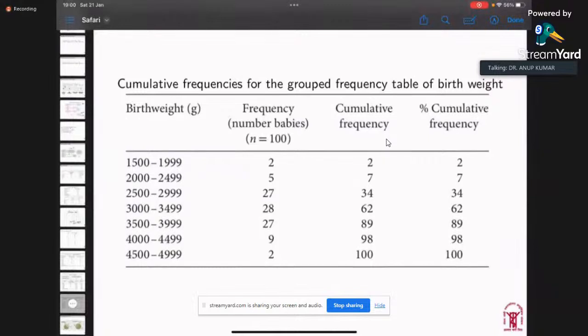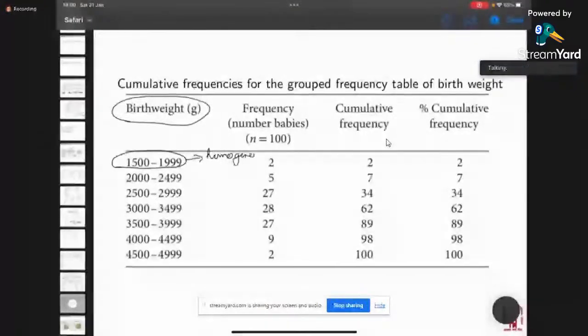Now you can look at this birth weight. Birth weight is continuous data because the possible outcomes you are not going to count on your fingers. Now you can see it is written in class intervals. And a class interval should be homogeneous, so similar kinds of children should fall into this category.